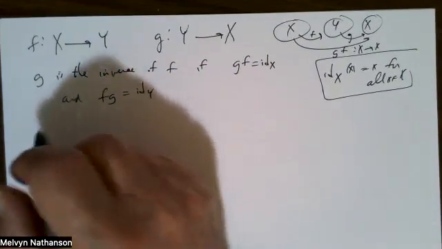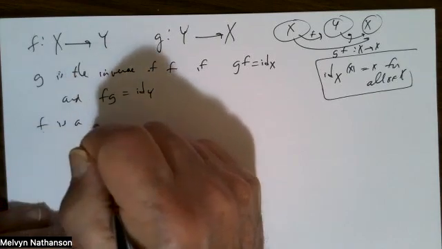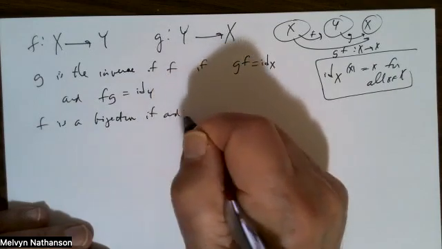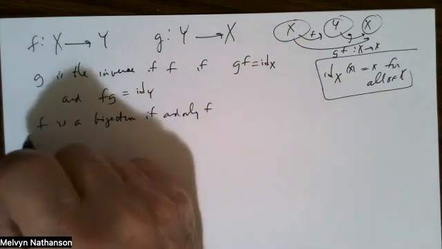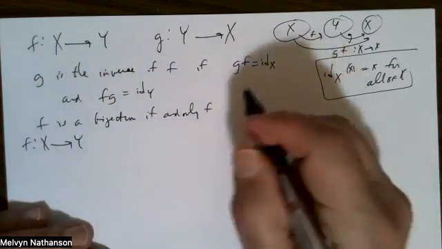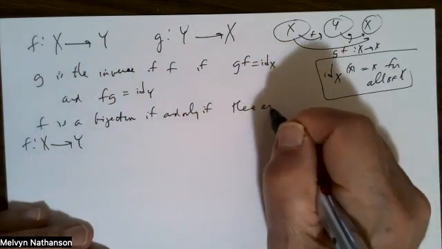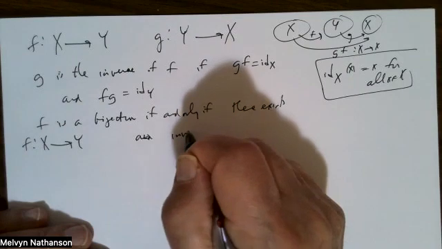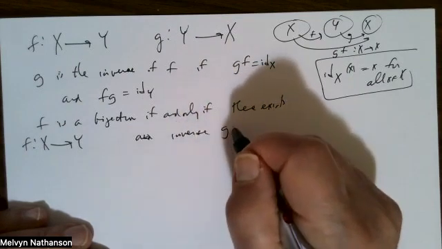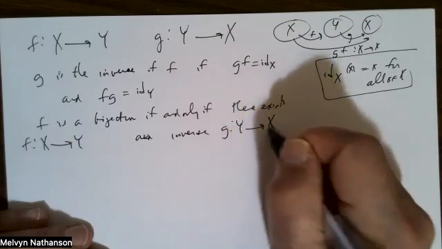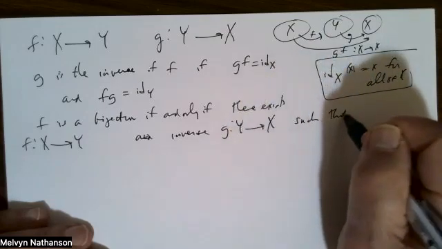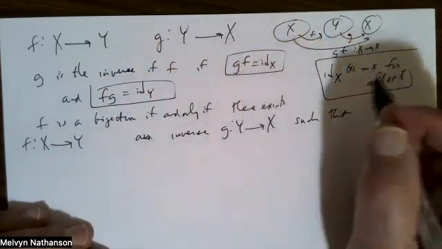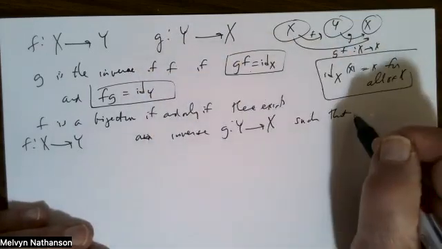And f is a bijection, where f is a function from x to y, if and only if there exists an inverse function, a function g from y back to x, such that these two properties are satisfied. G composed with f is the identity, and f composed with g is the identity.